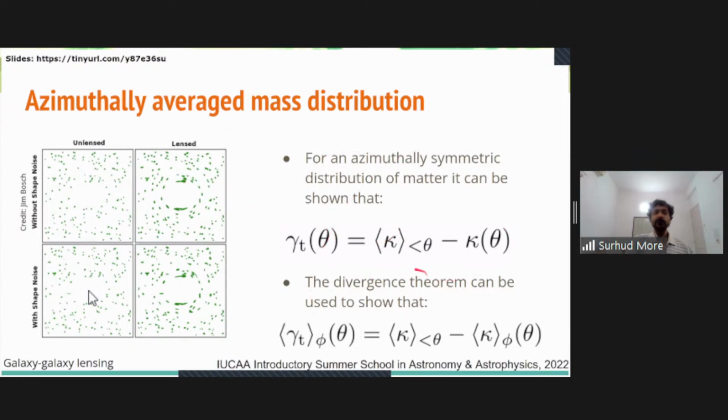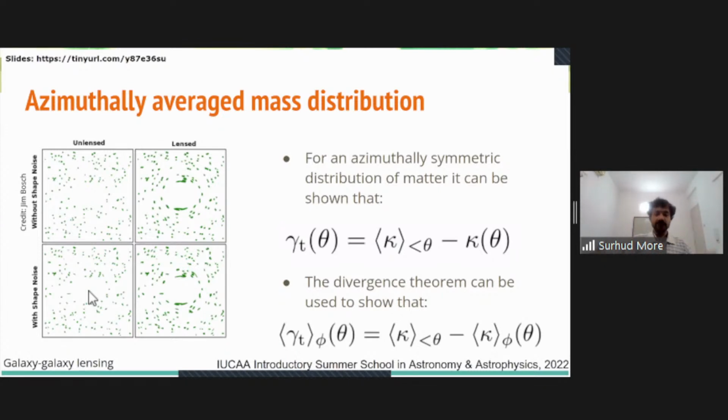Now this is easy to show in terms of an azimuthally symmetric distribution of matter, but if you use a divergence theorem you can show that in fact this particular aspect of averaging the shear along symmetric circles, right, is something which is very special.